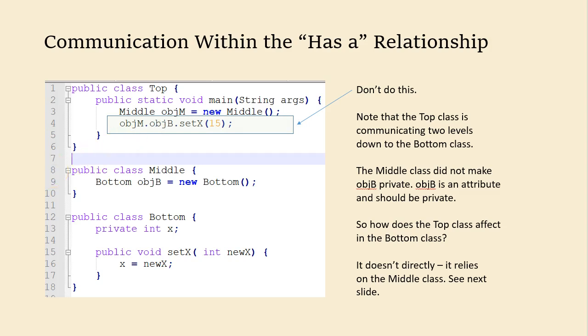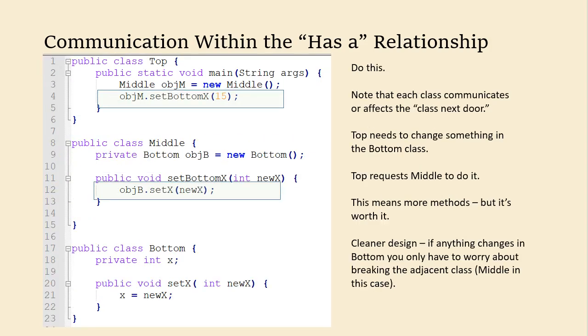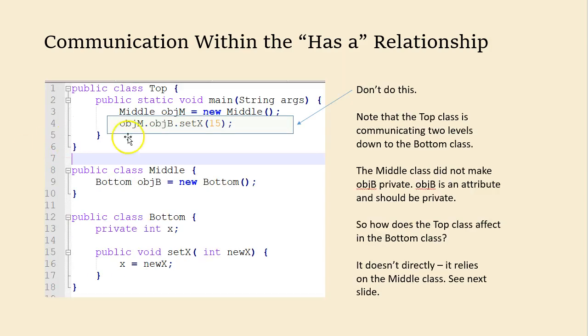Also, maybe we're doing set x here, right? What if it was a more complex method? What if it was not just a setter and a getter, but a method that had a name, and then you change the name of that method? The old way, you'd have to change it up here too.